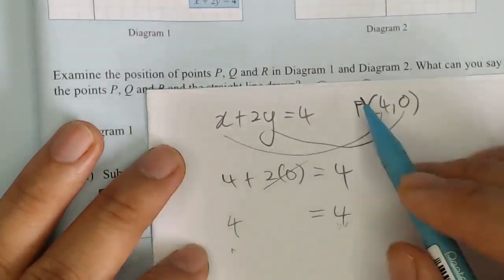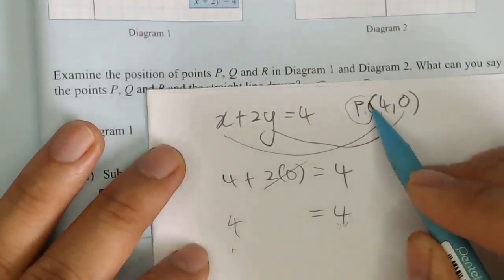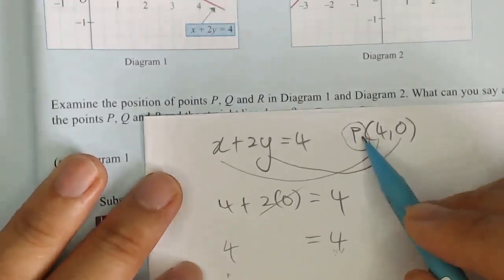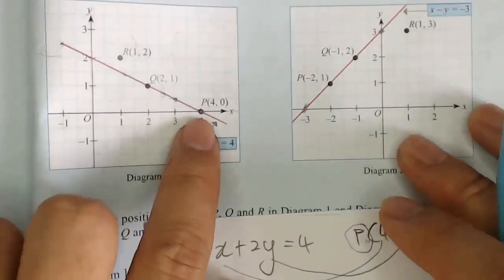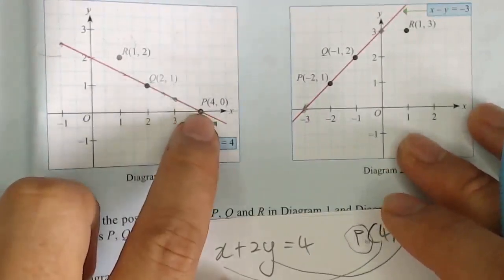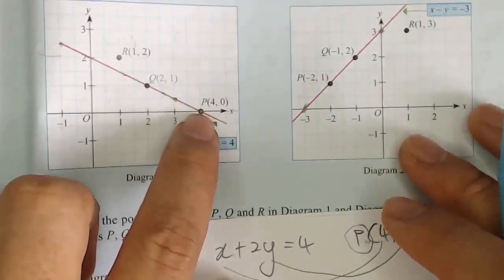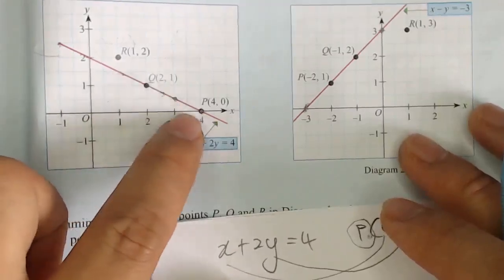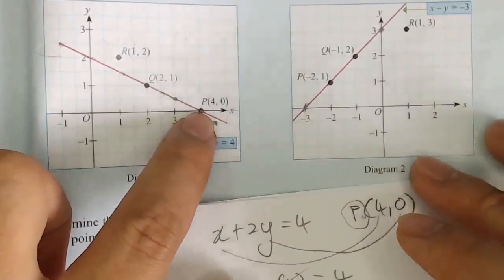What is this telling us? That this P here is on this straight line. So this straight line is passing through this point P.